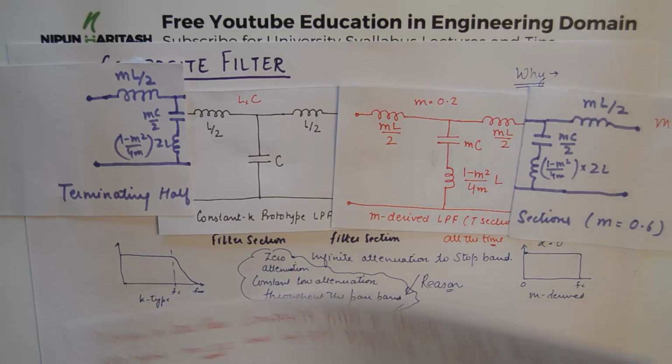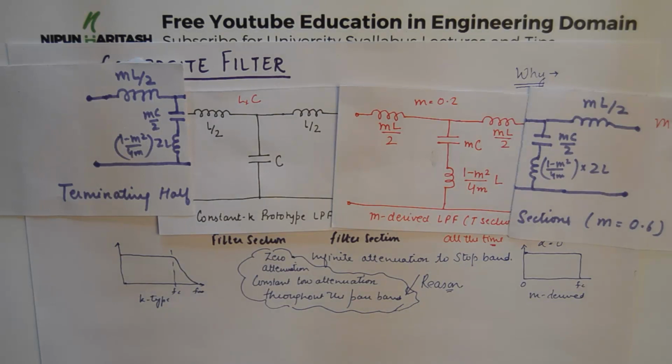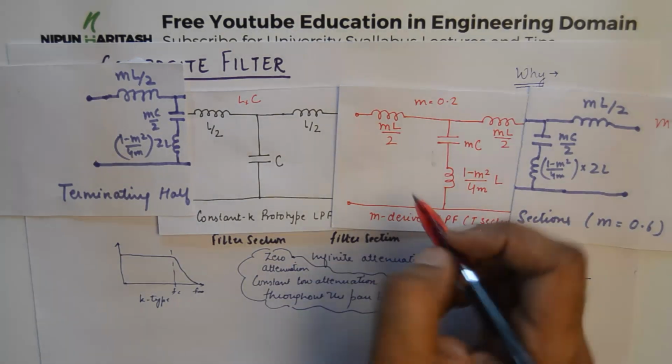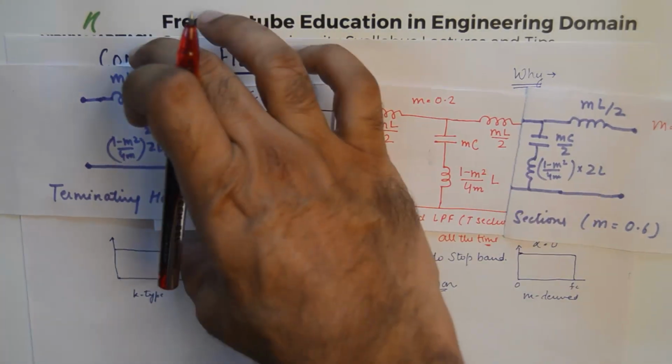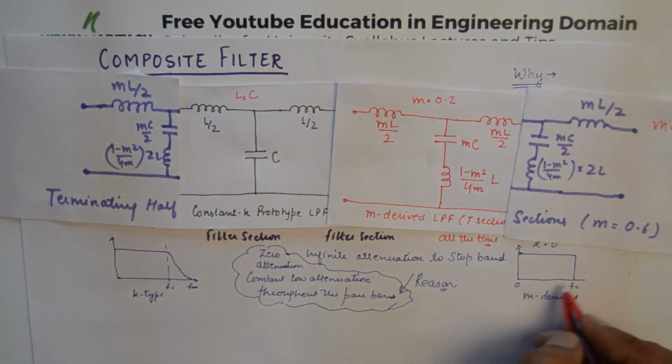Then we'll draw the M derived section, because in the question it is given that M should be 0.2 for sharp cutoffs. So this will help in meeting the objective of sharp cutoffs like this. So it will not have a sluggish response.